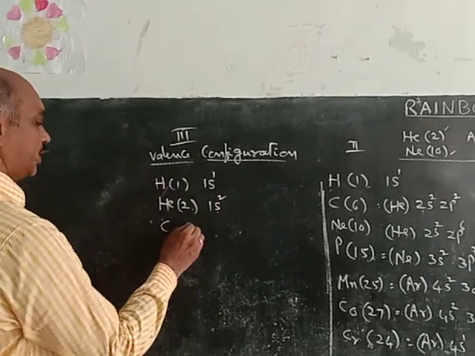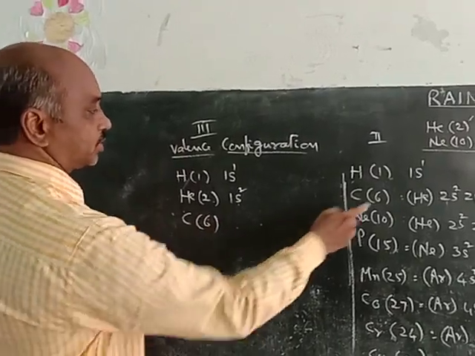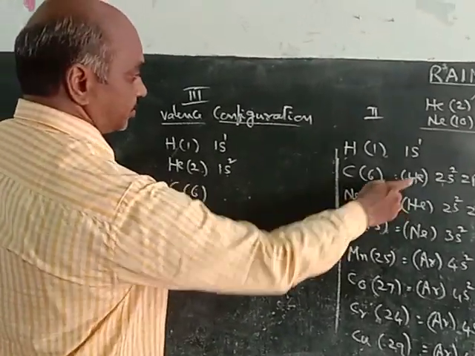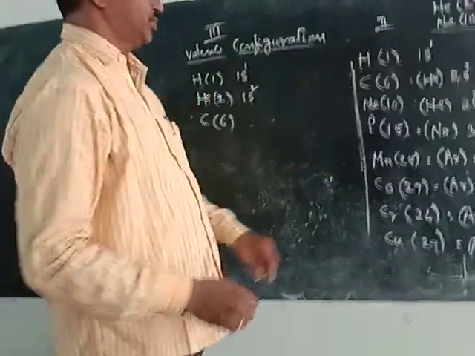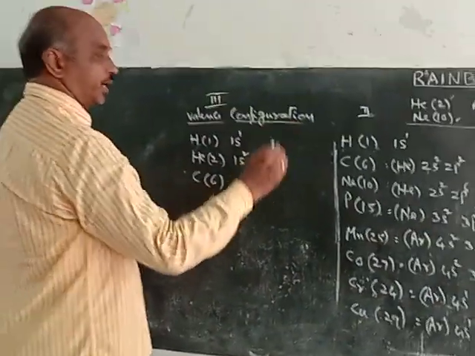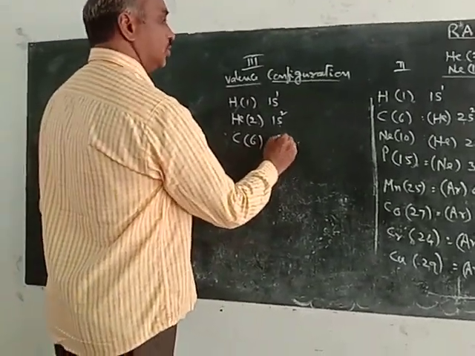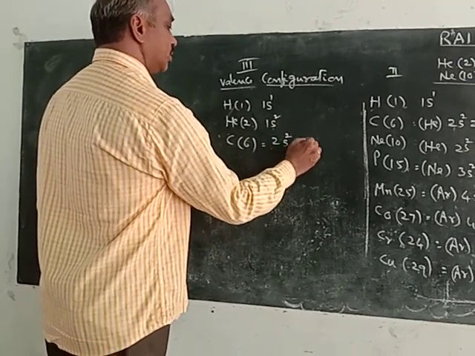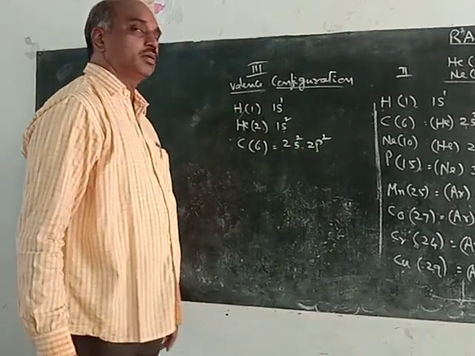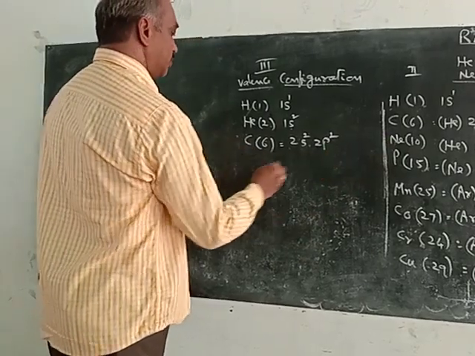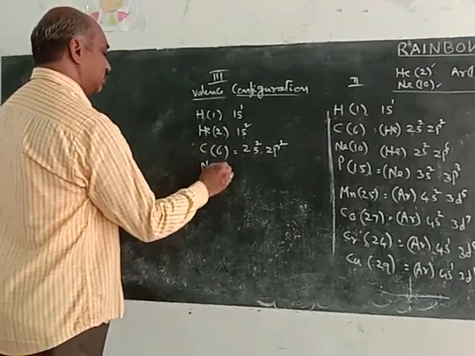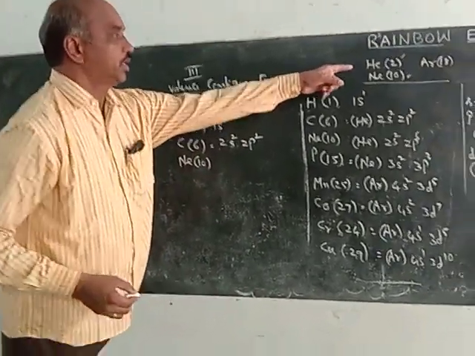Next, suppose you take carbon, atomic number 6. In the second method you write helium and then the configuration, but in this method you remove the inert gas. The configuration is 2s2, 2p2. That is the valence configuration. Neon, 10, the inert gas below is helium.